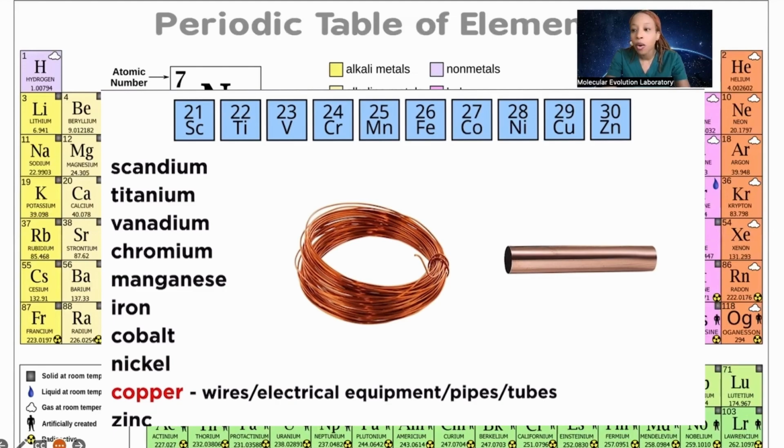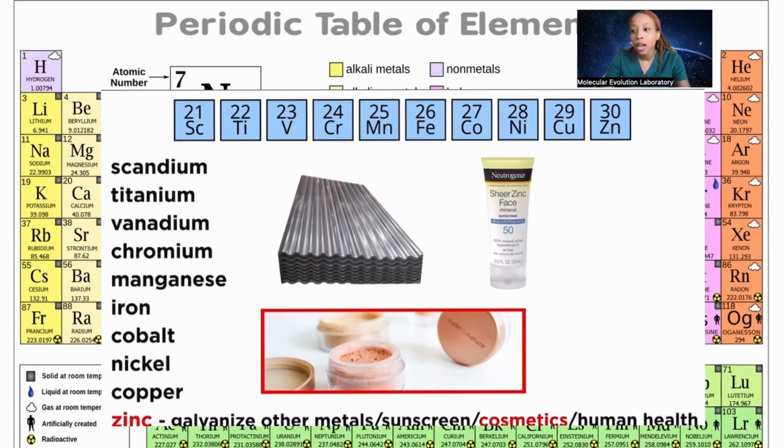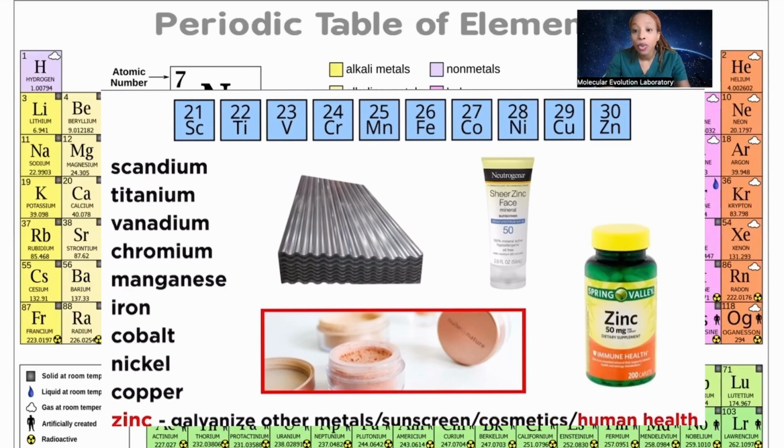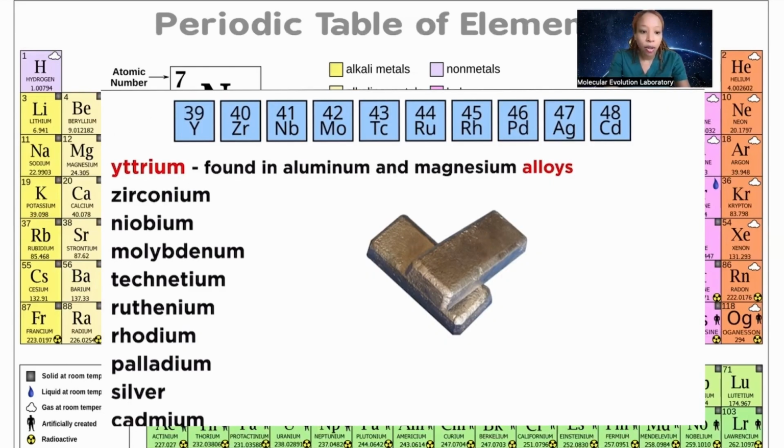Copper is found in copper wires, electrical equipment, tubes, and pipes. Zinc is commonly used in sunscreen and cosmetics, it can be used along with other metals, and it's also found in your body. Yttrium is found in aluminum and magnesium alloys.